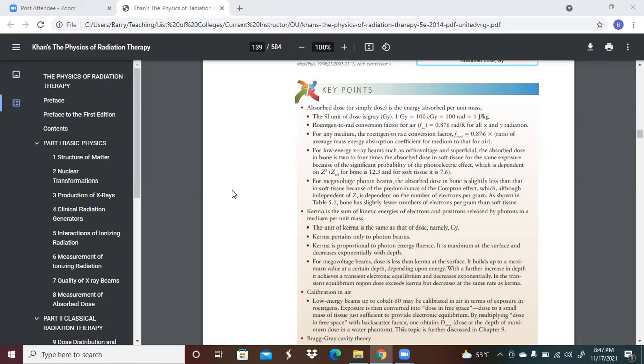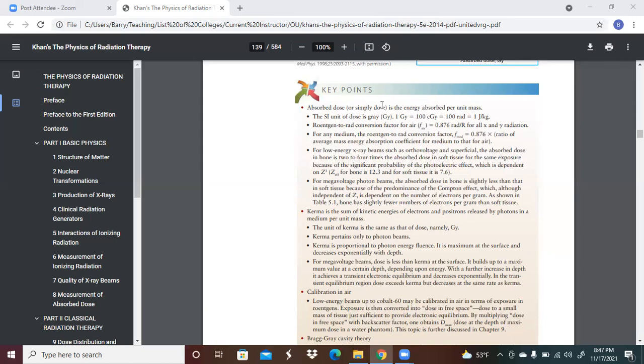The first thing we're going to be looking at is that absorbed dose is the new unit. We're no longer looking at exposure. If you go back and look at what we've done before, we have been looking at exposure, so how much charge is going to be released in the air.